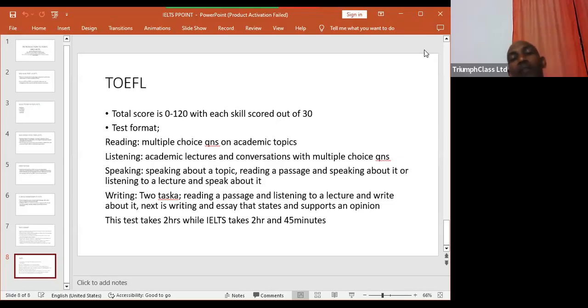Of course, you have to give it all your energy. You have to devote. Once you register that you're going to do this test, then you have to give it time. You have to dedicate a special time so that you score highly. And how can we do all this? First of all, we know that they are testing the 4 skills: reading, listening, speaking, and writing.